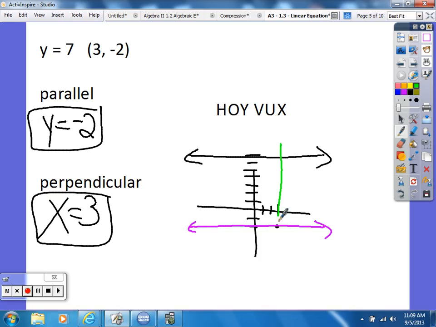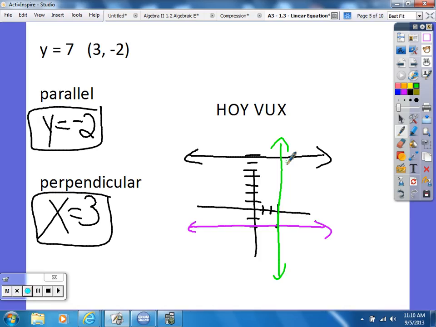The perpendicular. Do you agree that's 90 degrees? What line's it going through? What axis? X. At what number? So you have a couple options with that parallel and perpendicular to get that.